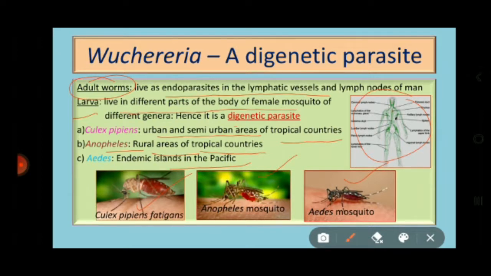From the stomach, it goes to the thoracic muscles, and after spending some time there and undergoing some moltings, it transforms and moves into the mouth of the mosquito. Hence it is called a digenetic parasite.